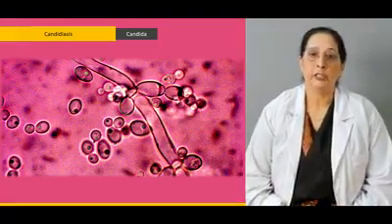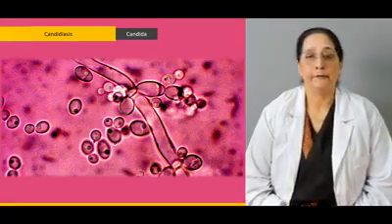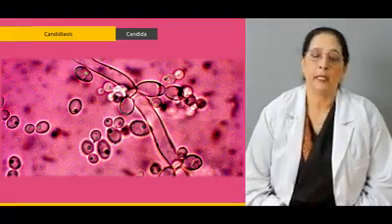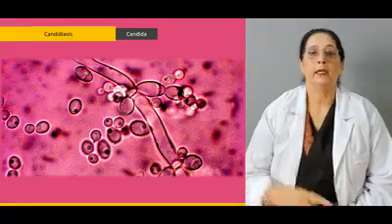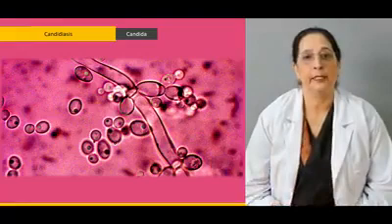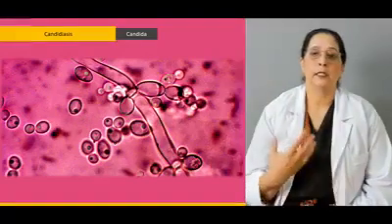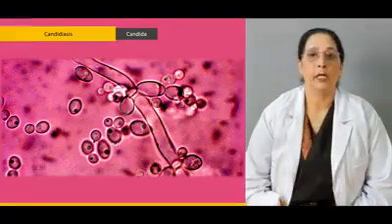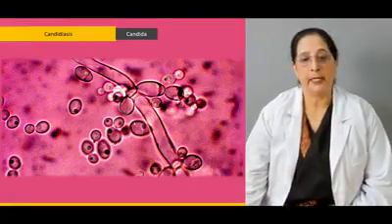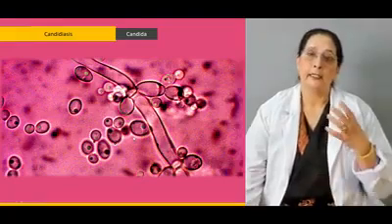And the patients usually have a low immune system or weak immune response that causes the growth or reproduction of the Candida and causes the infection known as candidiasis. If you see the structure of Candida, it occurs in two forms.